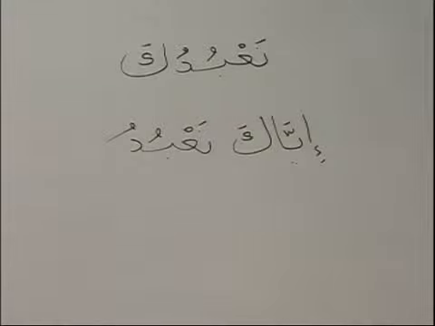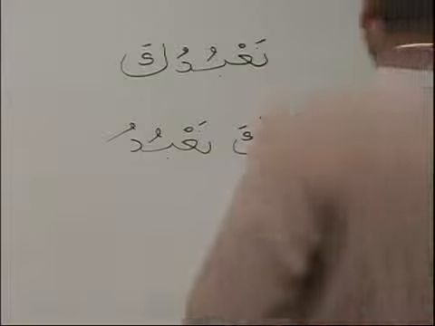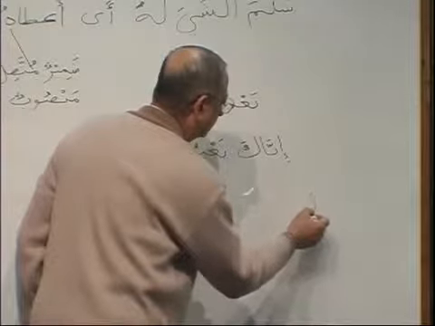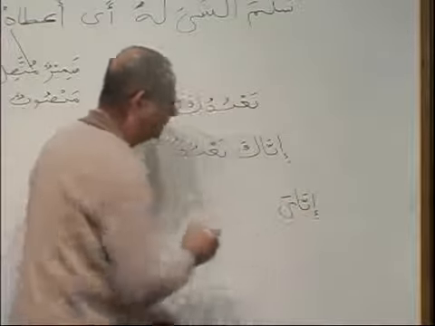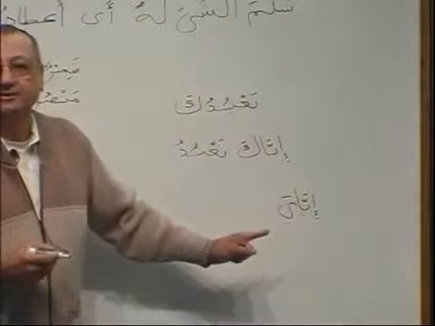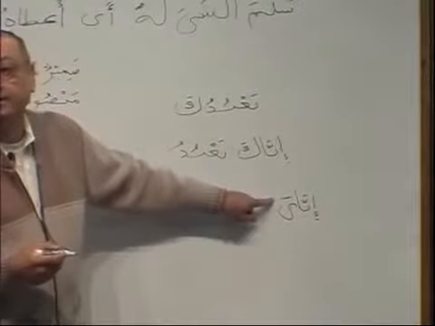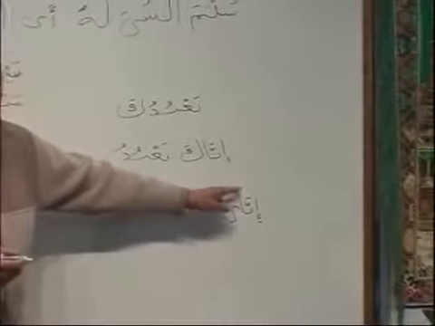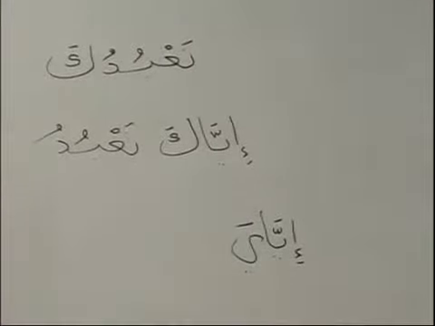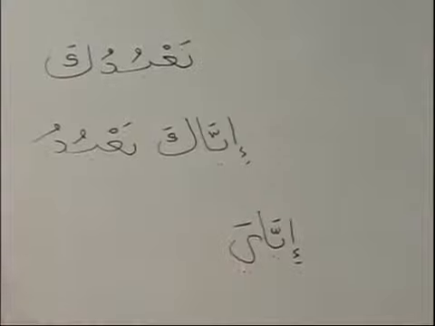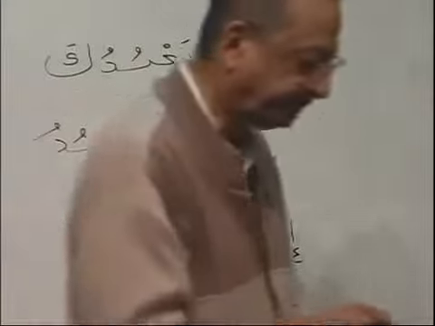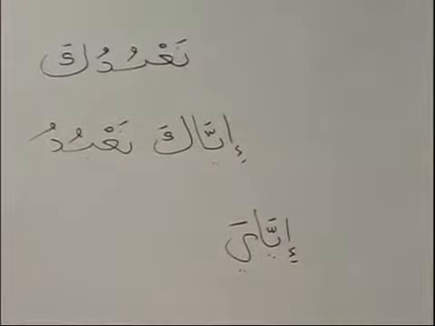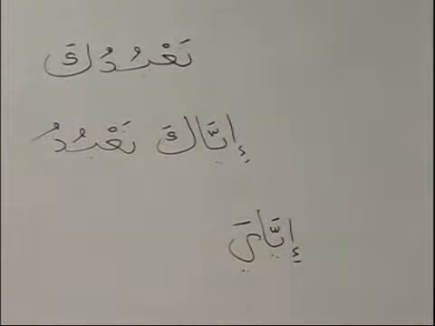Because two yas, see? One is iya. Got the idea, brothers and sisters? Why did you give a fatha here? Because there is an alif before it. If there is an alif before it or a ya sakin before it, then ya mutakalam, instead of sukun, gets a fatha. Inshallah you remember.